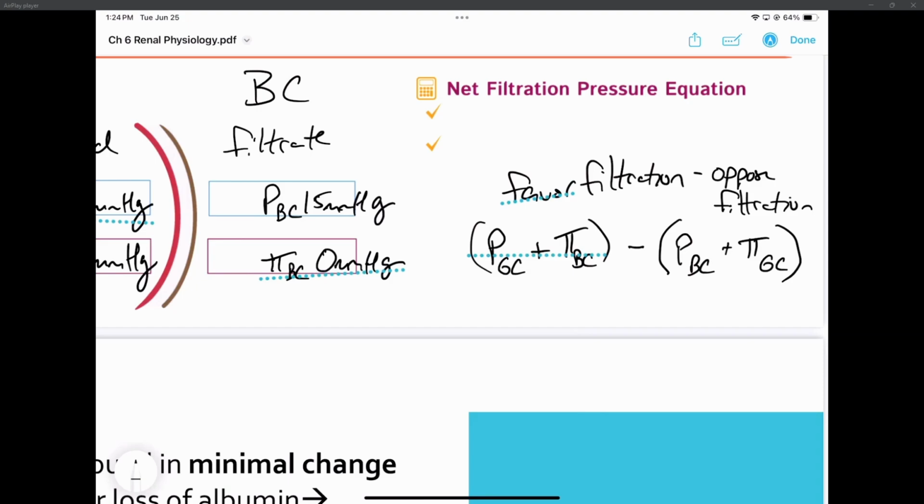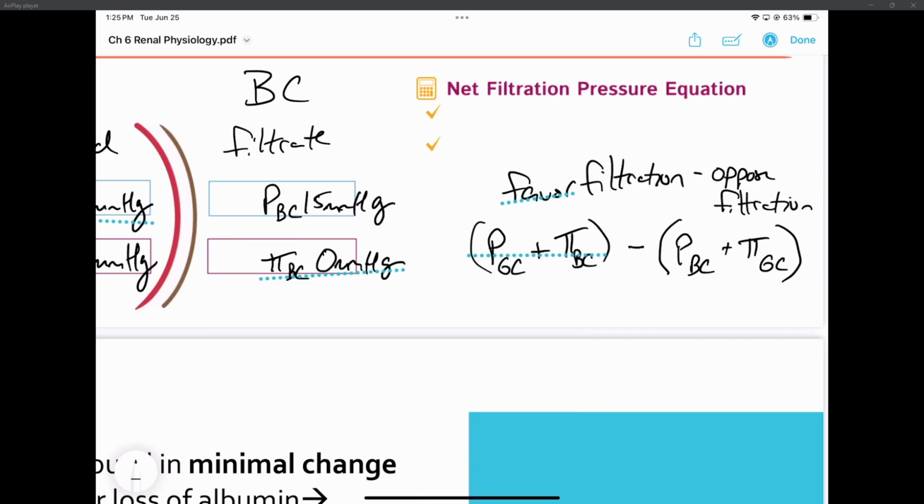Favors filtration. A high hydrostatic pressure in the capillary is going to push the fluid out, right? So that's going to push fluid out. That favors filtration. The oncotic pressure of the Bowman's capsule, the lower that number is, or the higher that number gets, your filtration is going to get off. Remember, that's the suck. So by having that number there, that's filtration because it's in the capsule side.